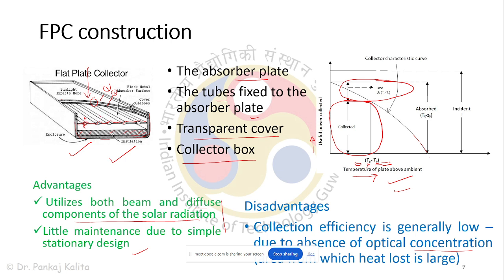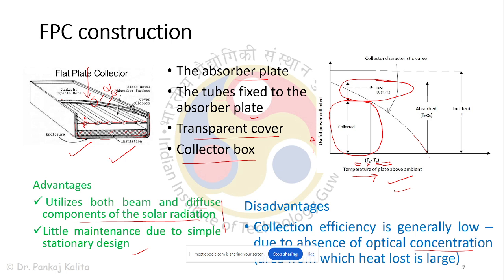The absorber plate could be a copper plate, or a blackened surface to increase the absorption of incoming solar radiation. And beneath it could be your tube in which your liquid or gas, or whatever fluid, is flowing, to which heat has to be transferred. Okay, so this is the construction of the flat plate collector.